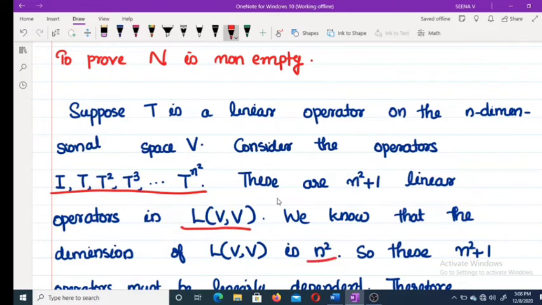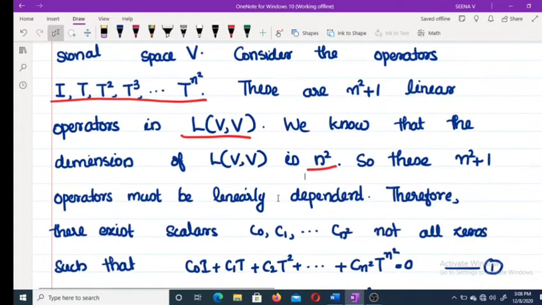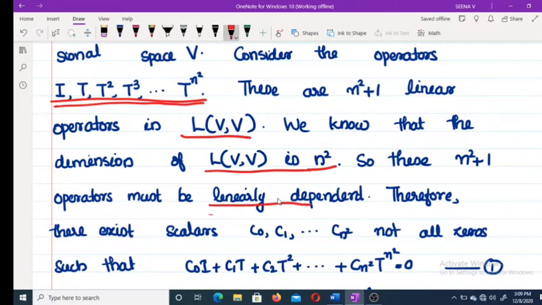So these I, T, T square, up to T raised to n square are n square plus 1 linear operators. Any set containing more than n square vectors must be linearly dependent. Therefore this set is linearly dependent.